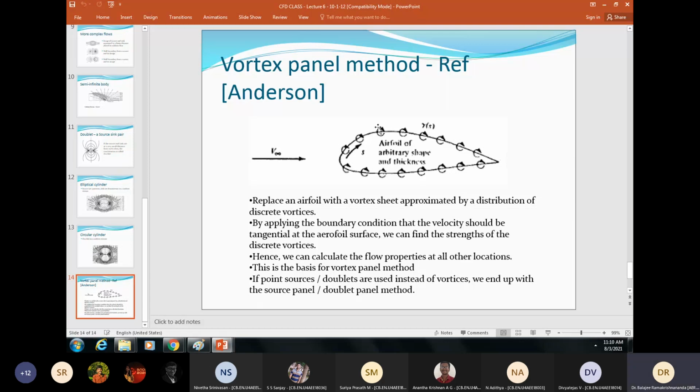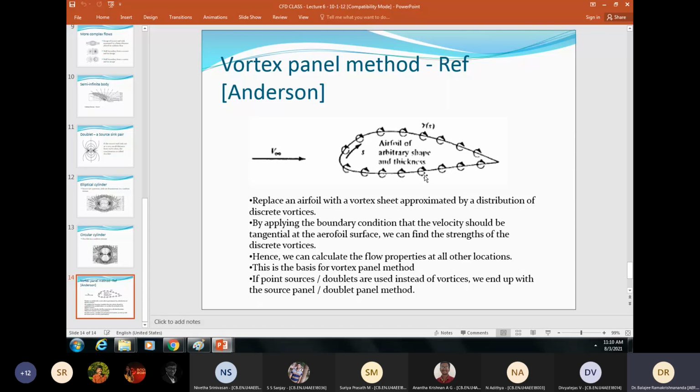Each distribution you can consider as each vortex. You can consider it as uniform along a small segment. In other words, divide this airfoil into small straight line segments.